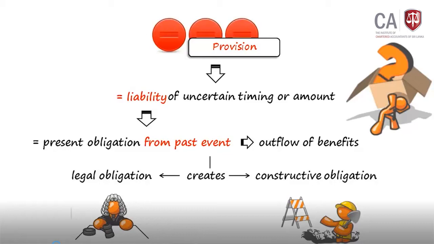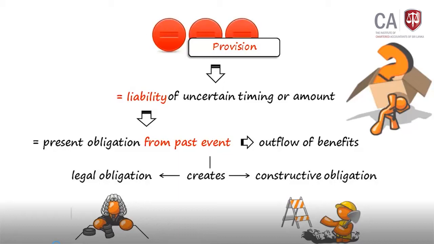But understand, is there an uncertainty of timing? No. Suppliers will give you a 30 days or 60 days credit period. So within that credit period you have to settle. There is no uncertainty when it comes to timing for a normal liability.